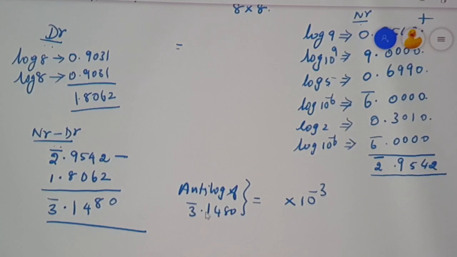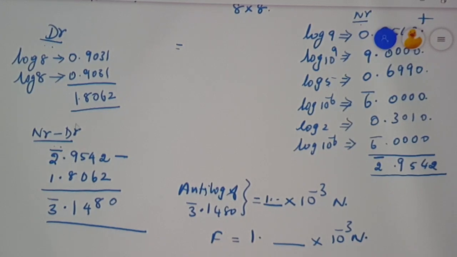Then you go to the anti-logarithm table and get the value for 0.1480 and write it here. 1 point something you will get. The answer is in terms of Newton. So what is the force? The force available is 1 point something multiplied by 10 power minus 3 Newton.